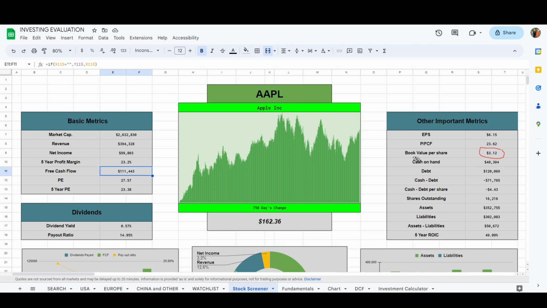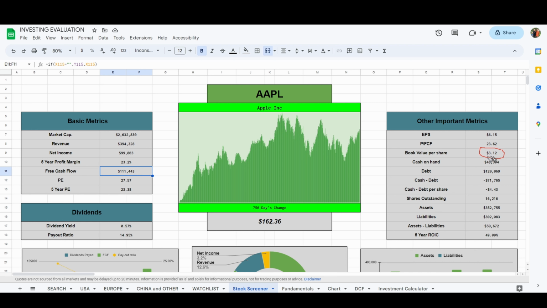And book value means if the company sold all its assets and paid all its liabilities, how much would it have per share? So it basically means if you bought the company and sold all its assets and paid off all its liabilities, you would get $30.